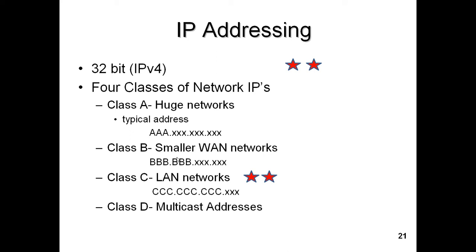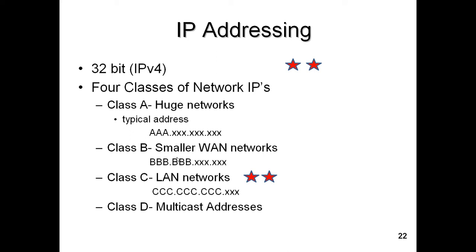Now, this brings us to how IP addresses are set up. The way they're set up, when they originally conceived of this concept, they set up what are called classes of IP addresses in IPv4. So we have Class A, Class B, Class C, and Class D. There actually is a Class E, which is experimental addresses.